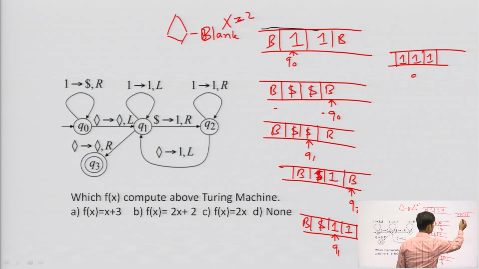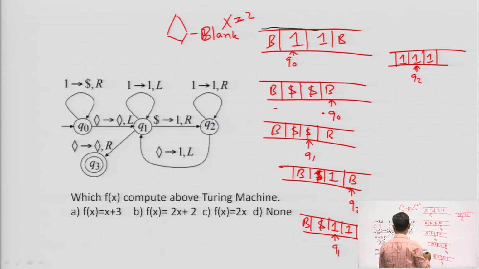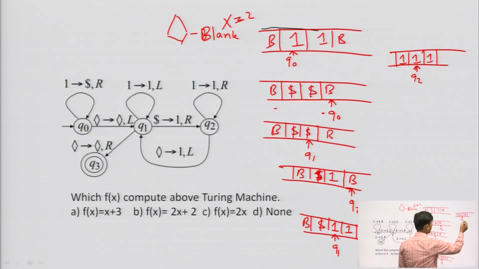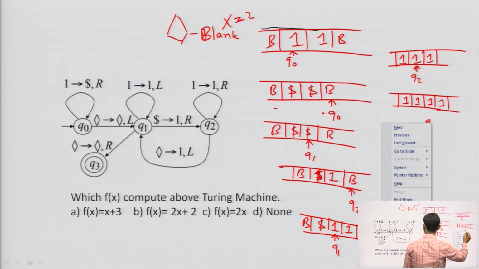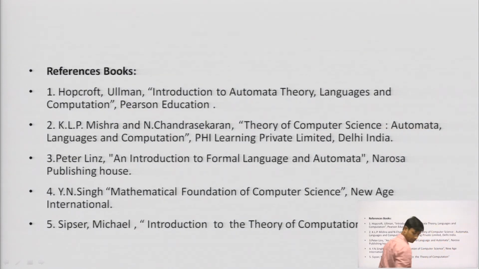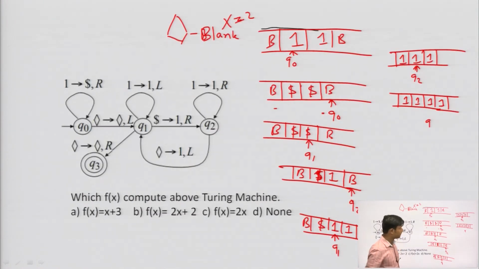Now this is Q2, Q2, Q2, then after this 1 1 1, right, then here this is 1 1 1 and one more 1. This is Q2 blank, Q2 blank is there, you have to make it 1, and Q1 will point to this one.